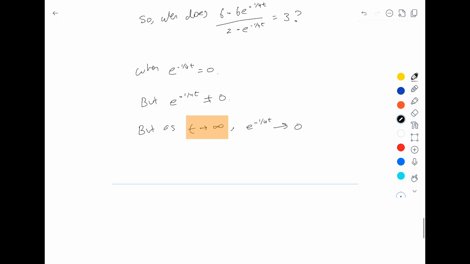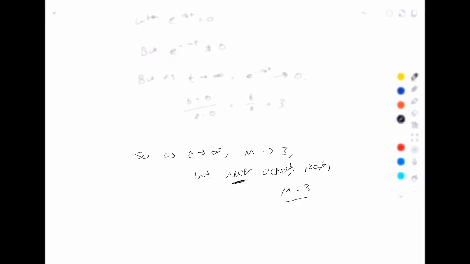As a result, we can say that as t tends towards infinity, m tends towards 3. But m never actually reaches 3. And so therefore, in practical terms, m can't ever actually equal 3.